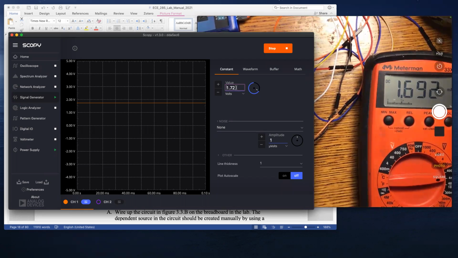Okay, so I would say this is pretty close. And then 7.1. Yeah, that's almost exactly the same. Of course, that hundredths digit is not right, but that's pretty close if you think about it. So the voltage supplied is 1,000 times less than the current measured, and that's what we need.